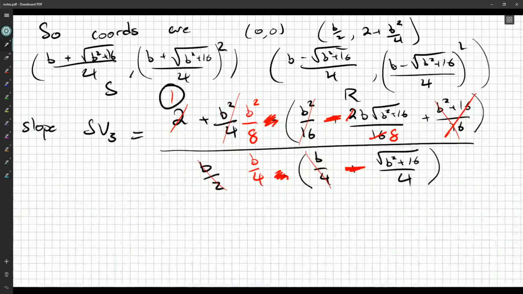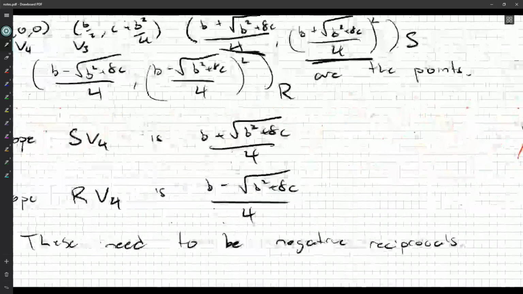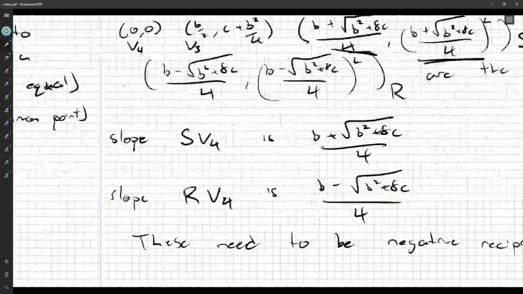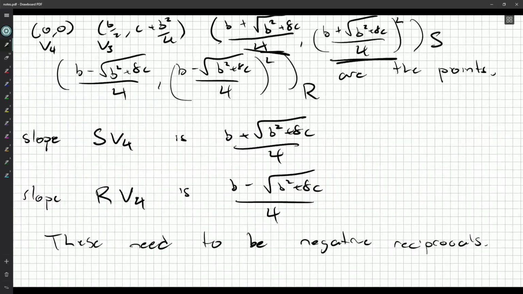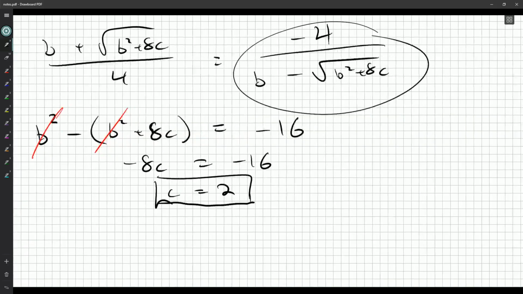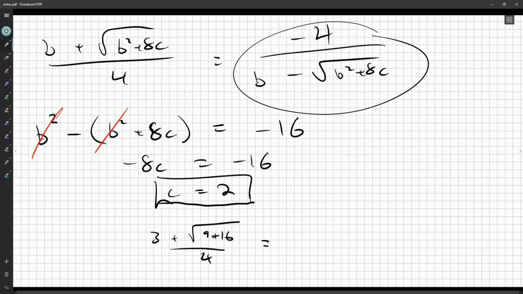So, have I made more arithmetic mistakes? I'm happy with these slopes. Because if I were to do something like 3 plus the square root of 9 plus 16 all over 4, that would be 3 plus 5 over 4, so that would be 2.